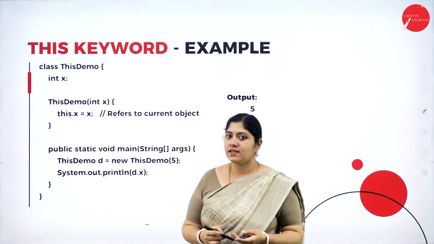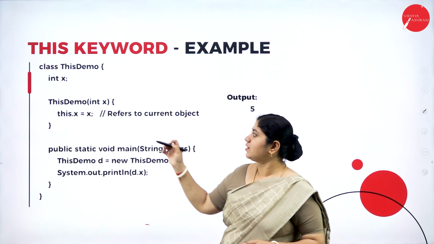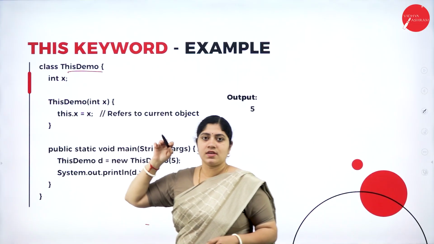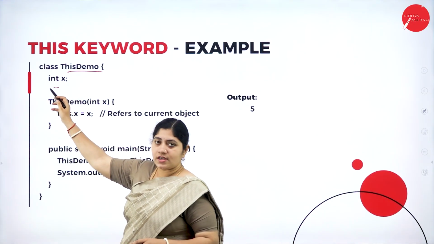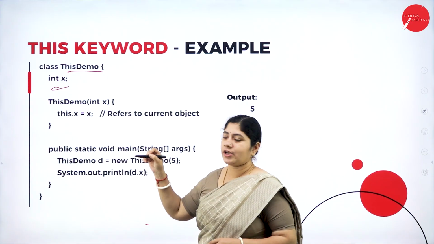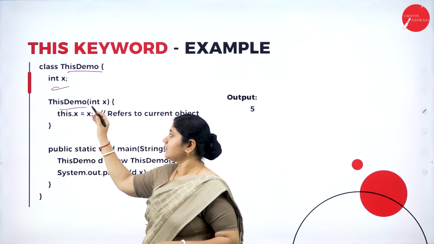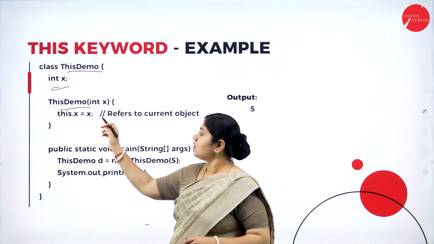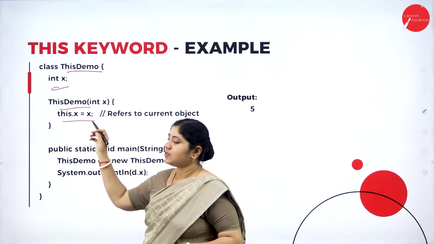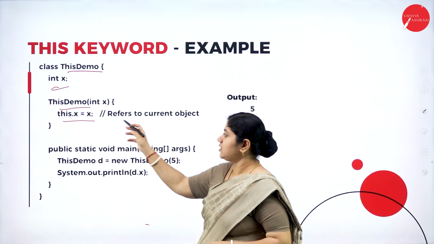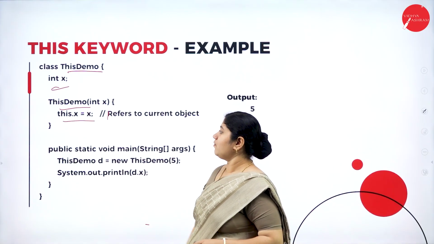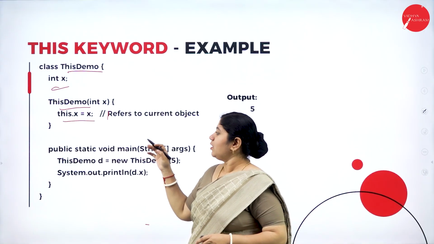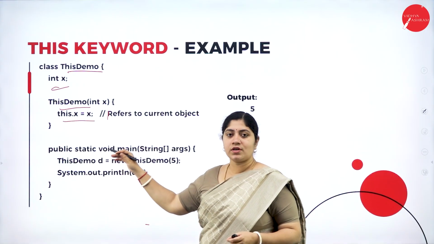Now let's understand this by using a simple example. Here we have a class, ThisDemo. This is the class name. We are declaring the integer x. Followed by this, we are writing a constructor, ThisDemo of int x, which has the statement this.x equals x, where this refers to the current object. Now let's start with the main method.